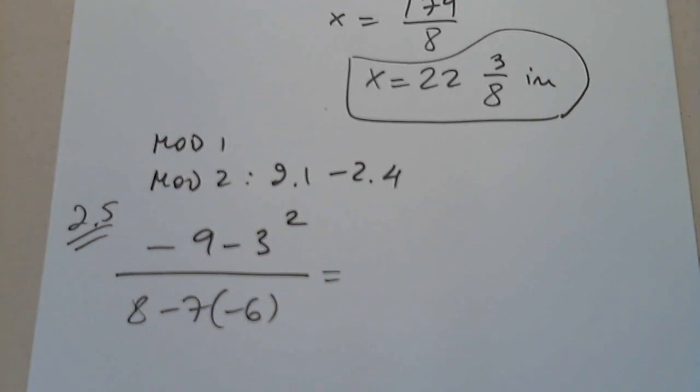So we have a little bit left before we finish module 2 and review. Next Thursday has to be review for the test. So this is the order of operations with fractions.